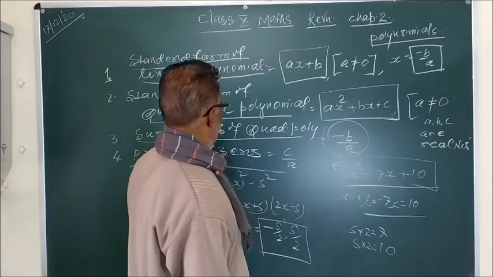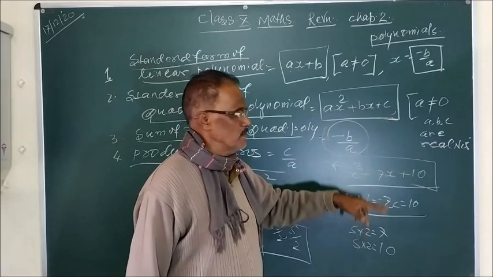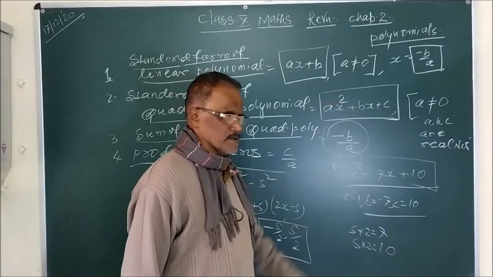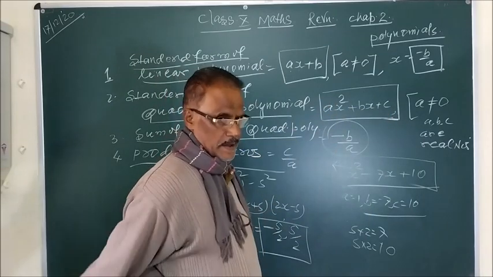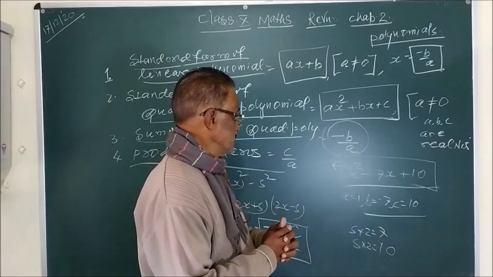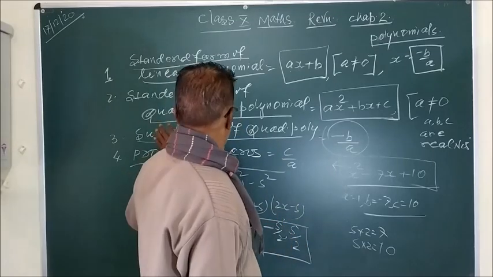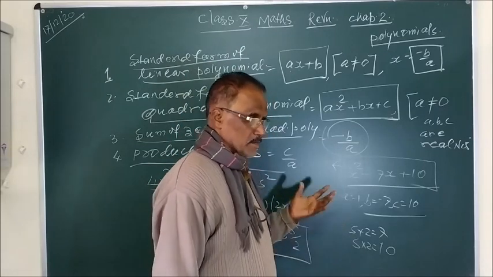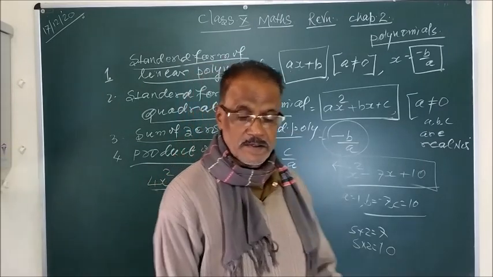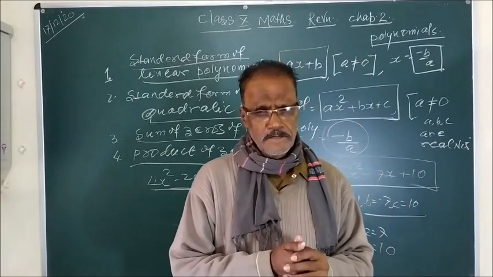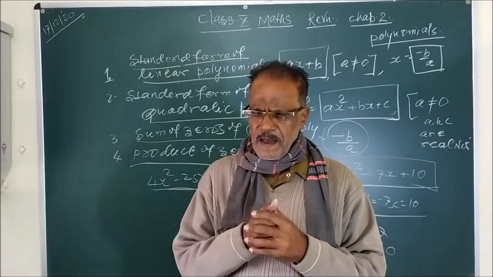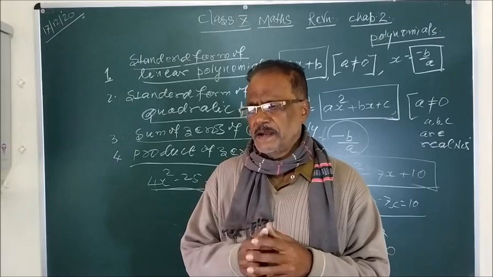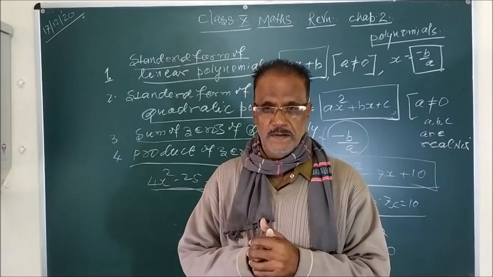The standard form of a quadratic polynomial is ax squared plus bx plus c: a is the coefficient of x squared, b is the coefficient of x, c is the constant term. And the number of zeros, I have already explained, will be equal to the power of the variable. So these are the important points, and then you can solve the questions.